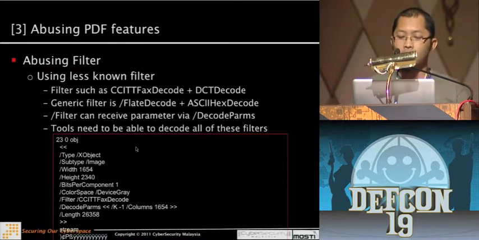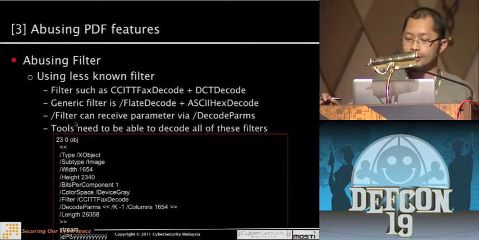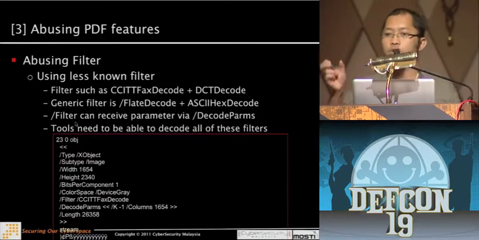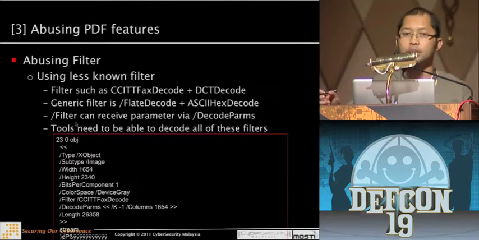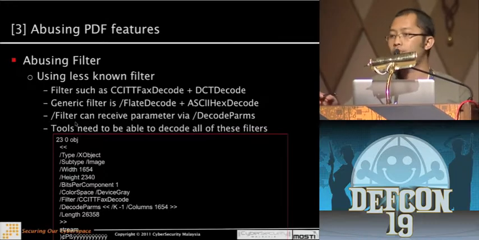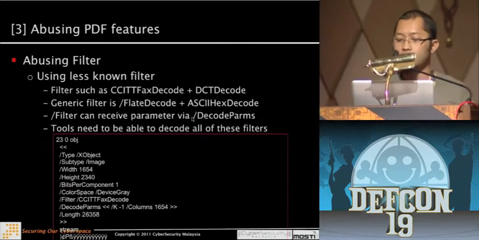JBIG2Decode. And this is also interesting, because if you look at the filter dictionary, it can accept a couple of parameters. If you want to make your filter have a strict parameter, so that decompression fails if you try to decompress without passing it, you can implement that within the parameter called DecodeParms.